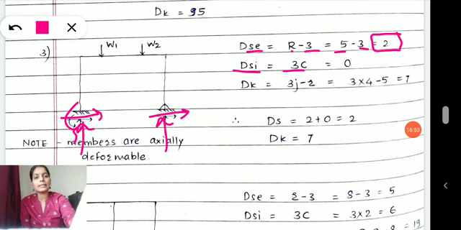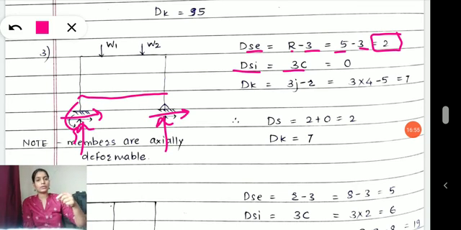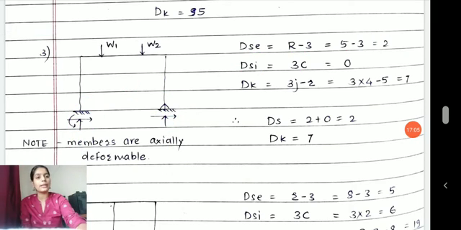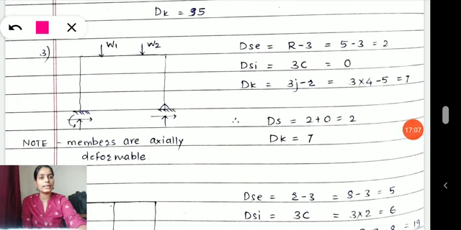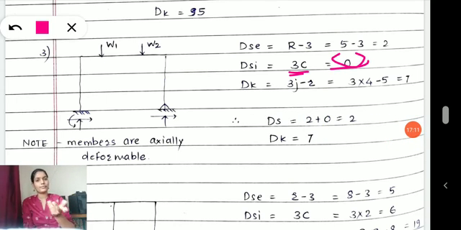Here the structure might be a closed configuration if I place the horizontal member, but it is not provided, so there is no need to cut it. Therefore the number of cuts required is 0, so 0 into 3 is 0, and DSI equals 0.